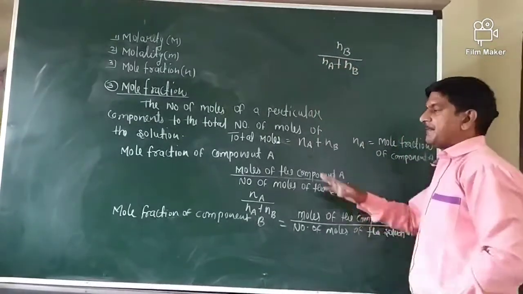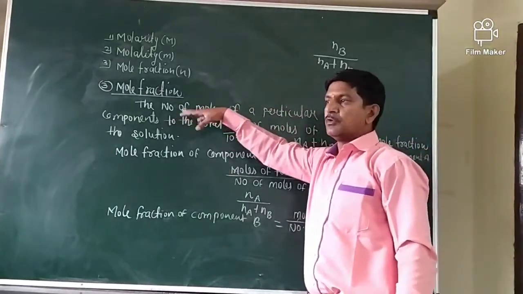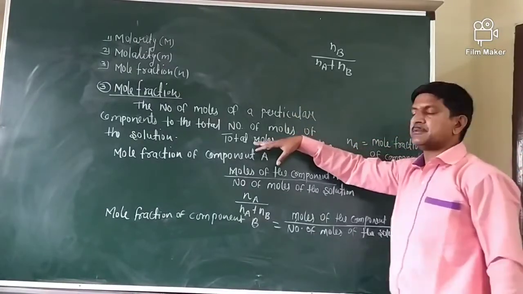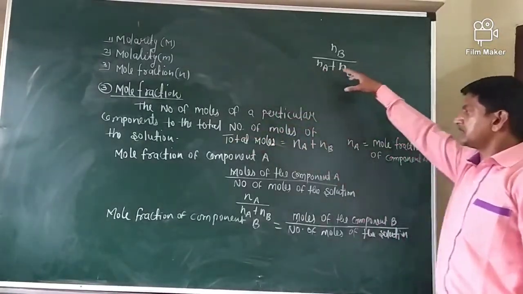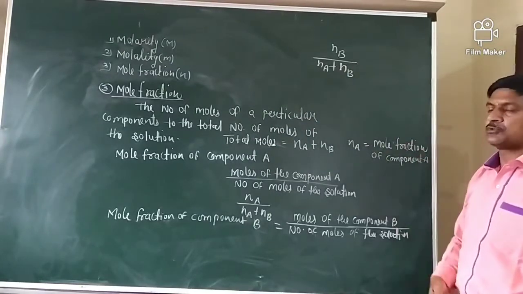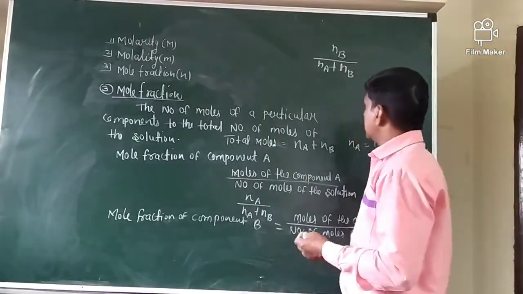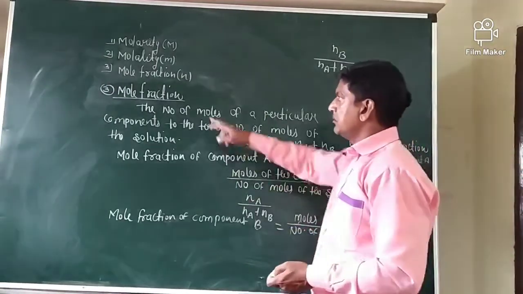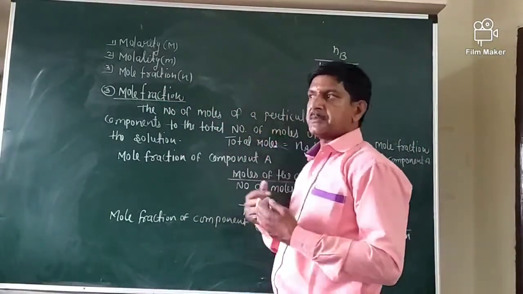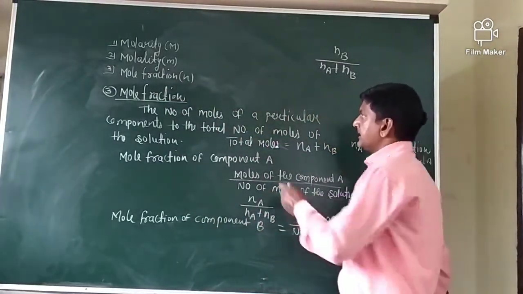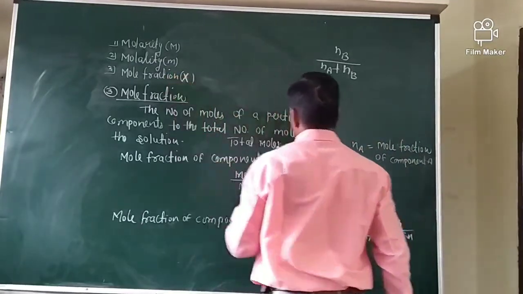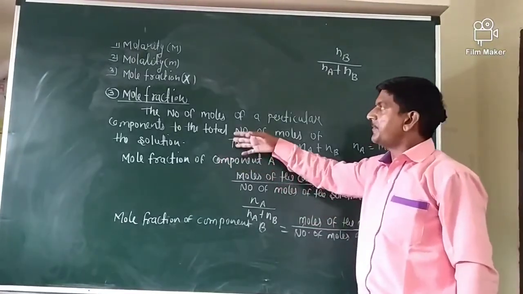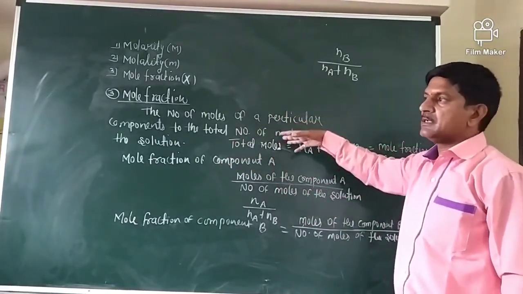In this way you will find the mole fraction. Mole fraction is the ratio of the number of moles of a particular component to the total number of moles of the solution. Mole fractions can be represented as Xa and Xb. Moles are represented by N, and X represents the mole fraction, so you want to find Xa and Xb. This is mole fractions, molarity, the part of the first chapter.